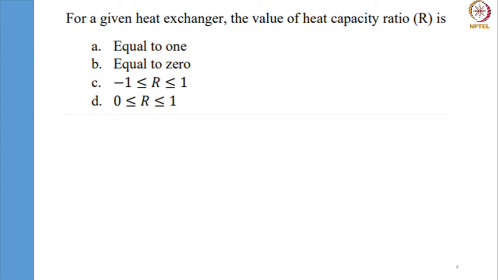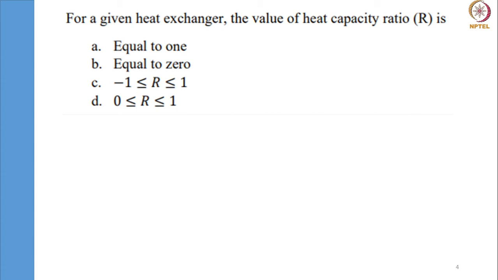I guess when R equals 0, it means that the denominator is almost infinite, like in the case of condensation, where the vapor temperature is actually not increasing. So in a way, we can say that the specific heat of the vapor is almost infinite. Okay. For R equals 0, what you have said is right.